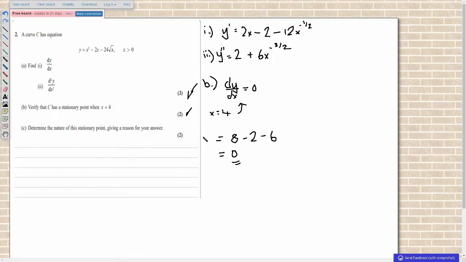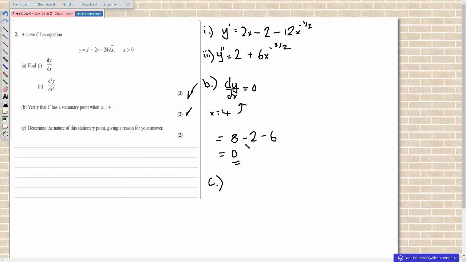And then the last part, part C, we've got to determine the nature of this stationary point. So remember, for the nature, we've got to look at the second derivative. So we're looking at this part here. All I'm going to do is put 4 into this now, and when I put 4 into this, I'm going to find out whether it's above 0 or below 0. Remember, if it's above 0, it's a minimum point, and if it's below 0, it's a maximum point.